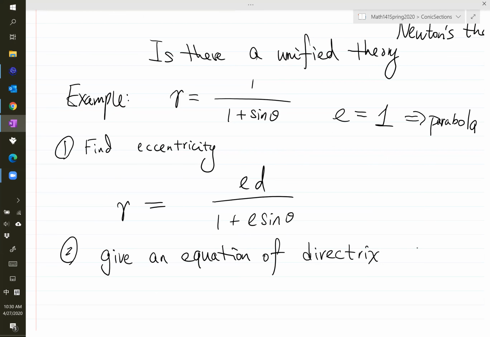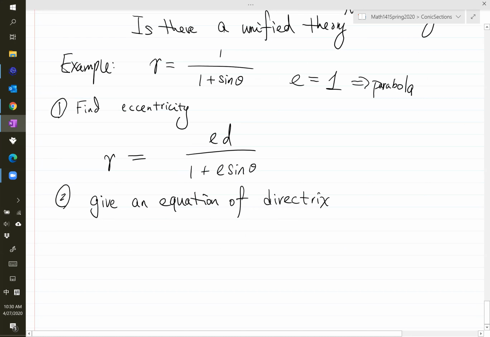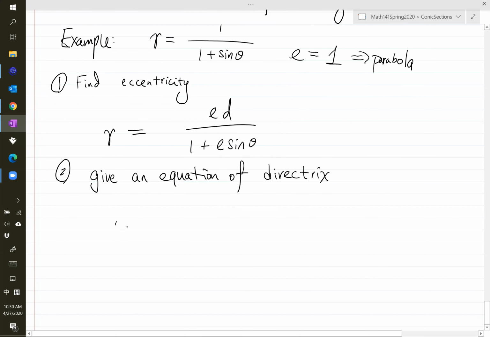Now we will try to write this from polar coordinates into Cartesian coordinates. So this will be r plus r sine theta is 1, so r equals 1 minus r sine theta.